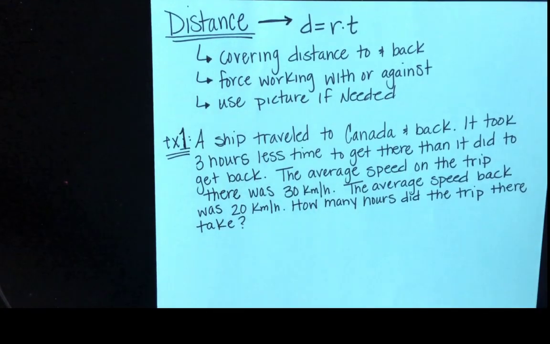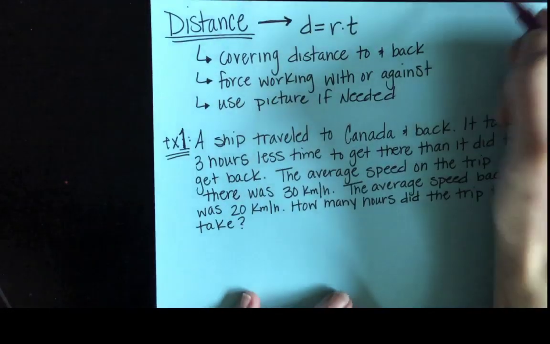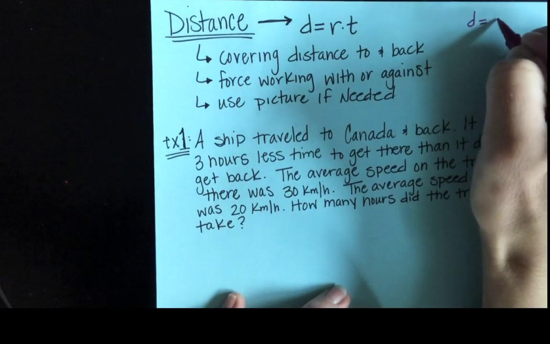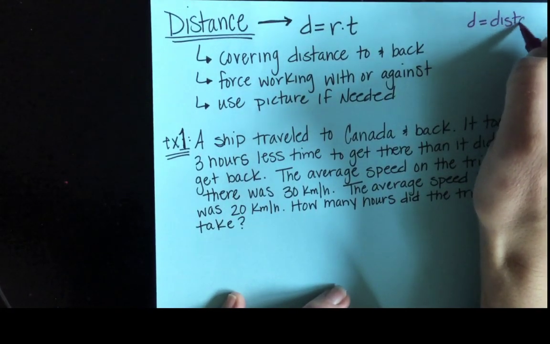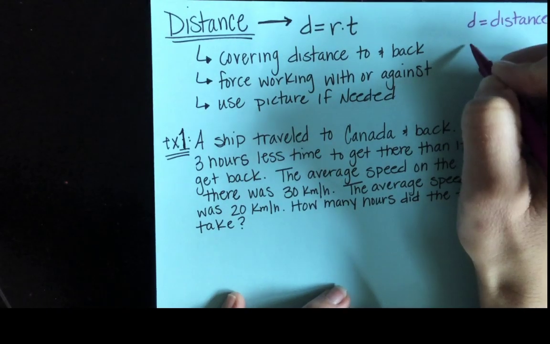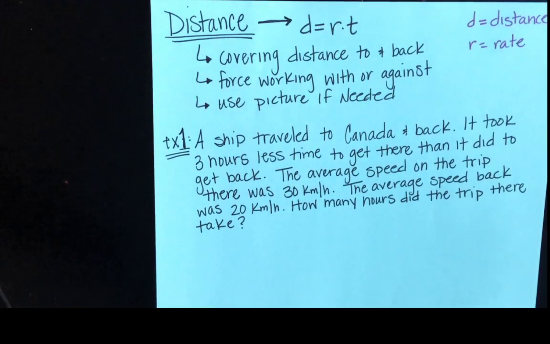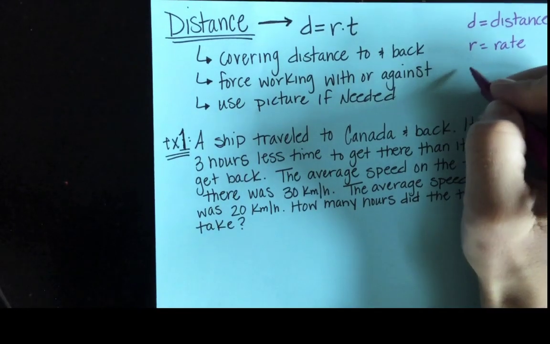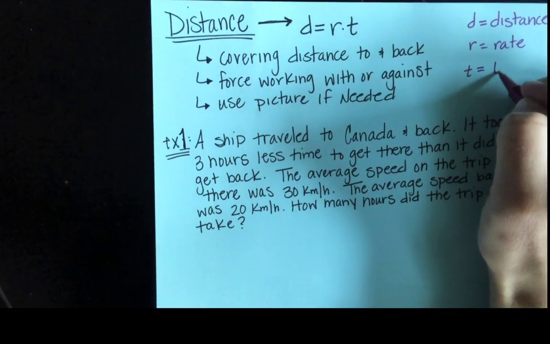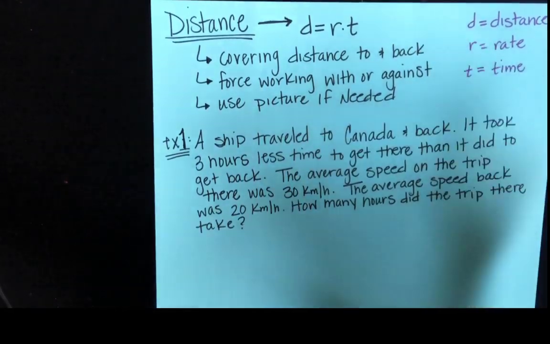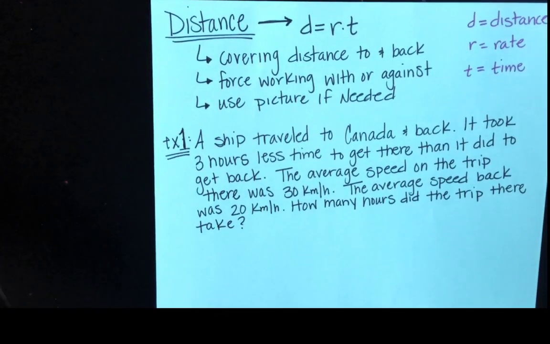So if we're looking at this, please remember D is always distance, R is our rate, miles per hour, and T is always time, hours, minutes, seconds, and so on and so forth.